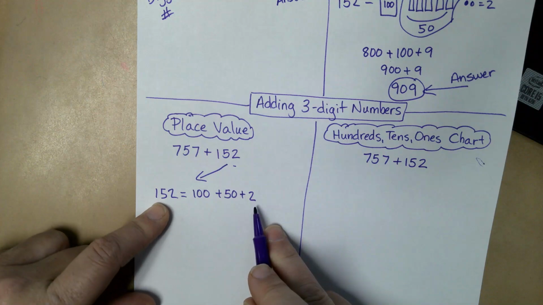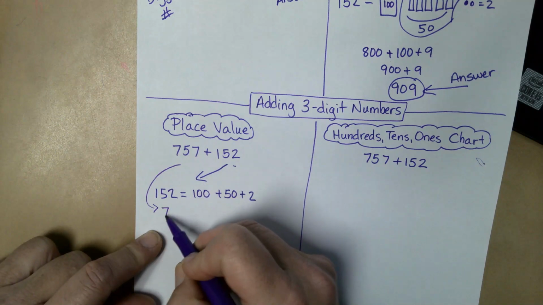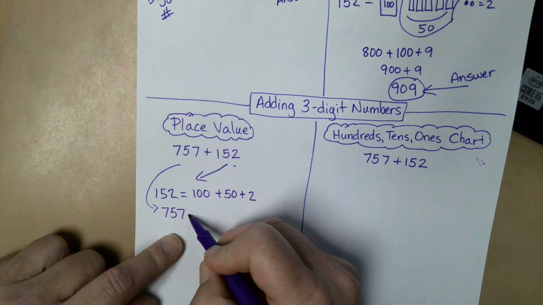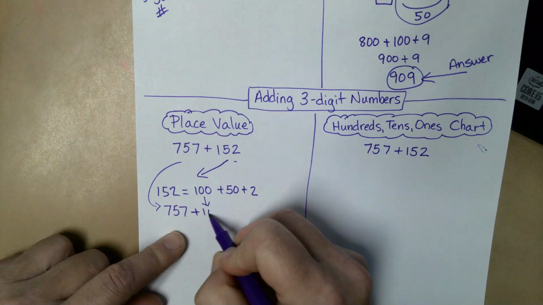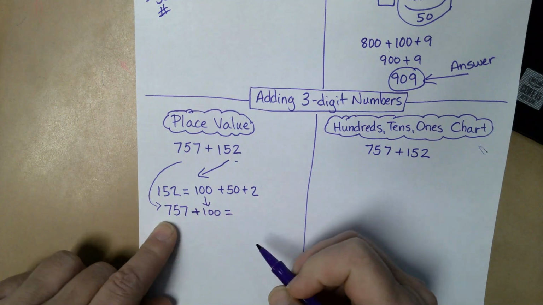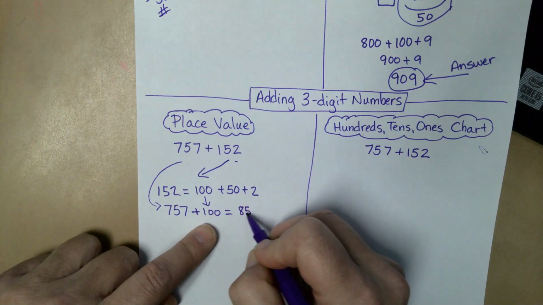The second thing I want to do is come back up and grab my first number. So 757 plus, and I'm going to start adding my place values. So I have plus 100 equals, well, 757 plus 100 equals 857.